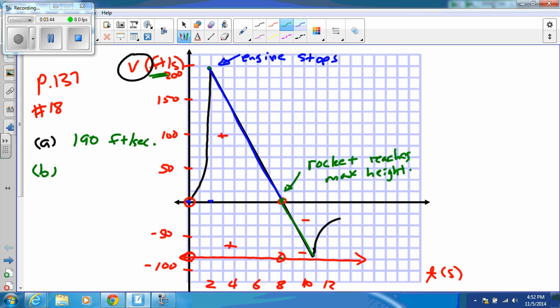Part B, for how many seconds did the engine burn? Well, that's during this time period, so that would be 2 seconds. Part C, when did the rocket reach its highest point? Again, stopping at the top, the rocket reaches its max point at t equals 8 seconds.